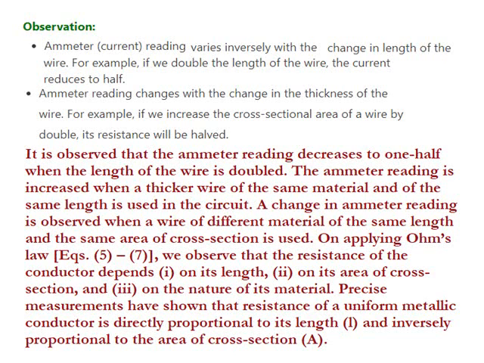So on applying Ohm's law, we observe that the resistance of the conductor depends on its length, on its area of cross section, and on the nature of the material. Precise measurements have shown that the resistance of a uniform metallic conductor is directly proportional to its length and inversely proportional to the area of cross section of the conductor.